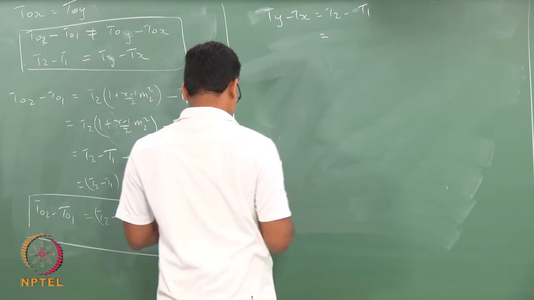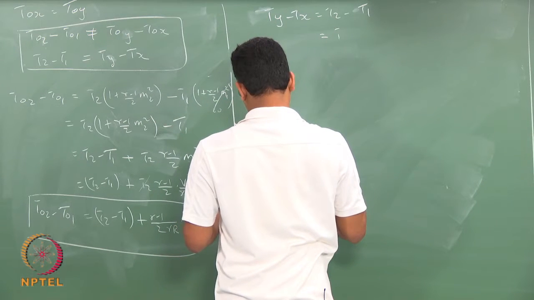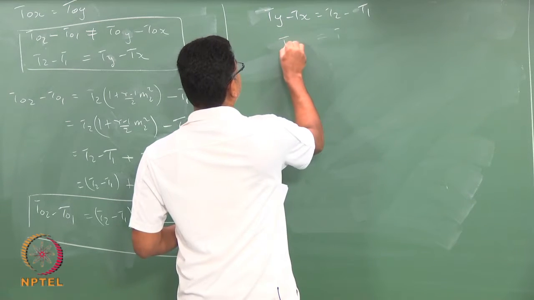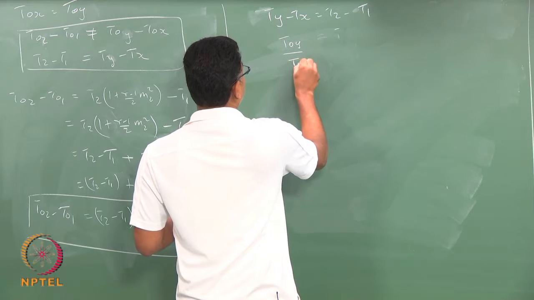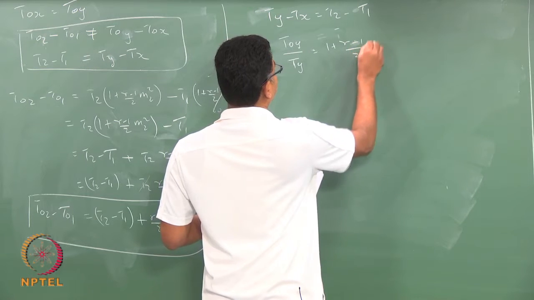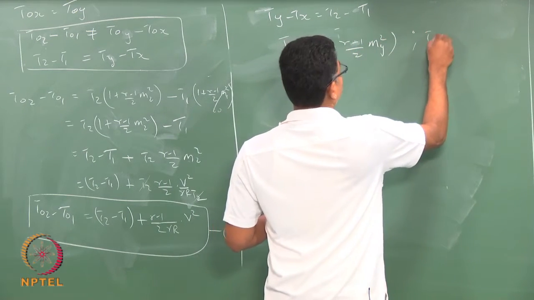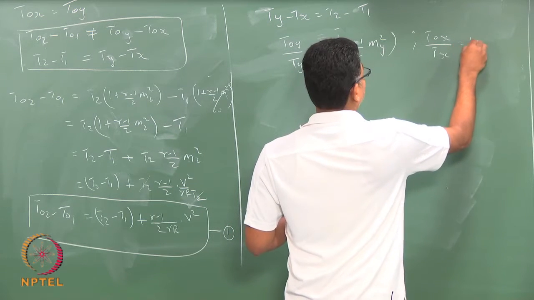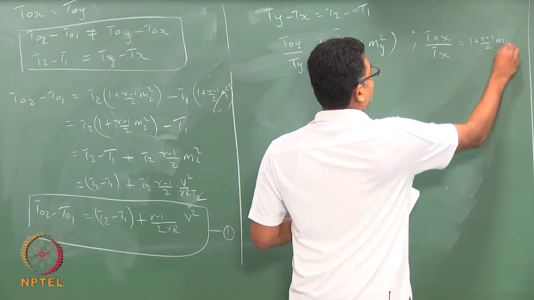T0y by Ty is 1 plus gamma minus 1 by 2 into My square, and T0x by Tx equals 1 plus gamma minus 1 by 2 Mx square.